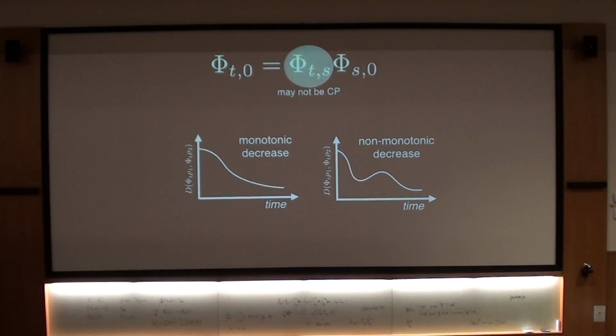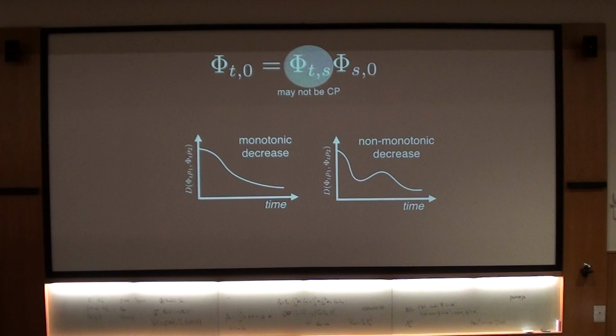The difference between these two scenarios in terms of information loss is that here, information is continuously lost in time, while in the second case, you can have some periods of time in which you have a partial regain of information on the system, and then it decreases again.